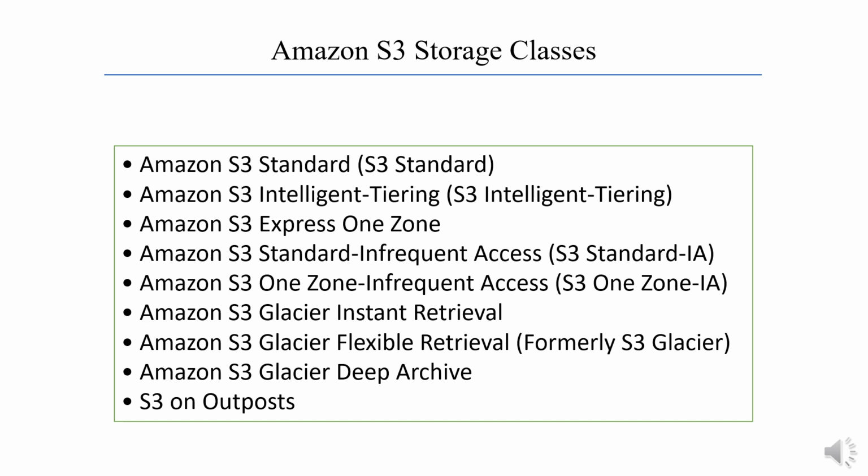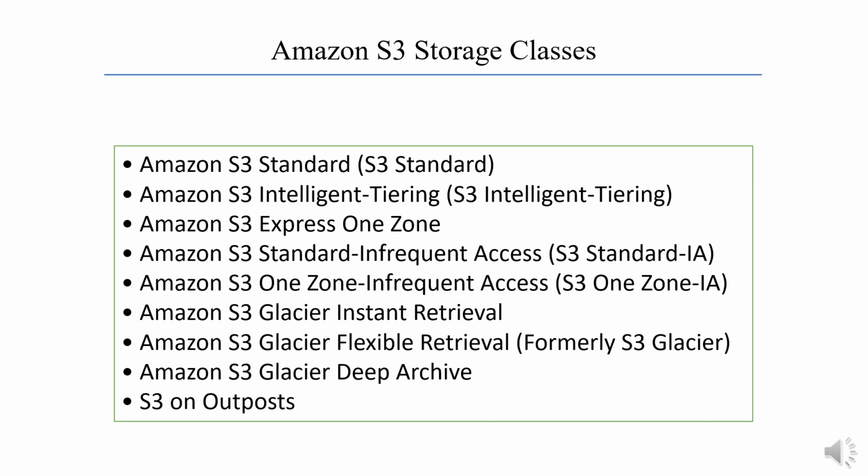Amazon S3 Intelligent-Tiering. S3 Intelligent-Tiering is good for unknown or changing access. In other words, when the data access pattern is unknown, then this storage class is a good choice.